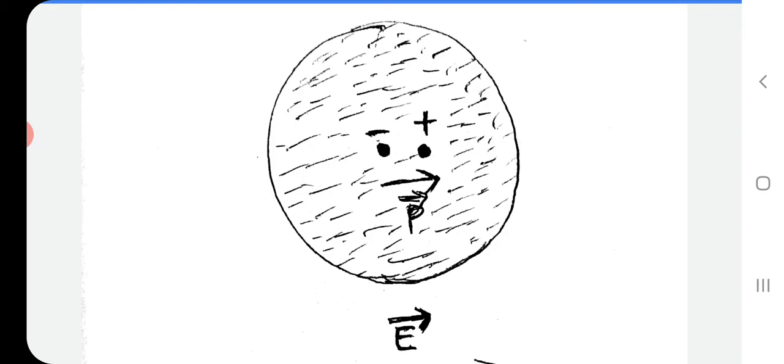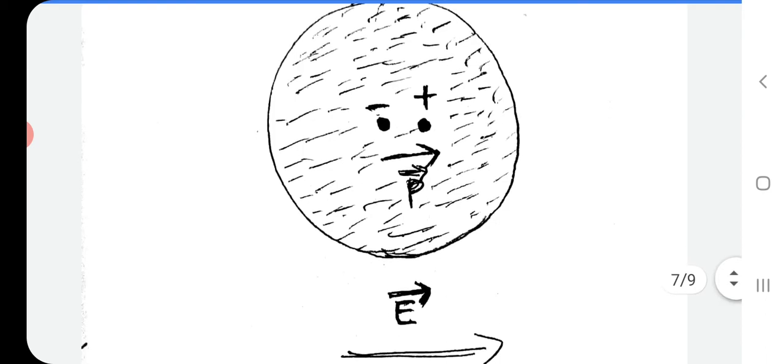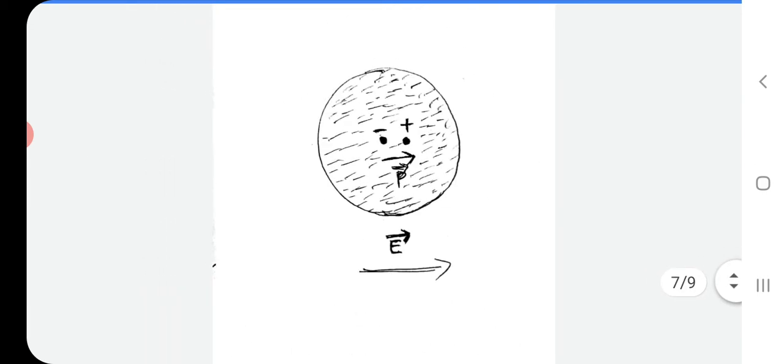And there will be a dipole moment. Now we see a positive charge and a negative charge separated by a small distance. So that induces a dipole moment in the atom.